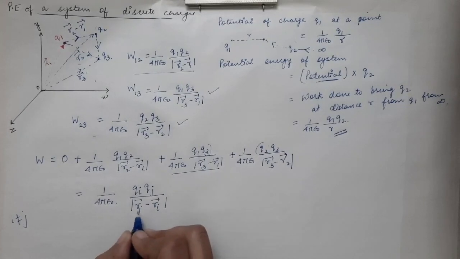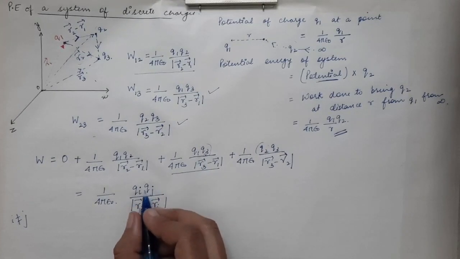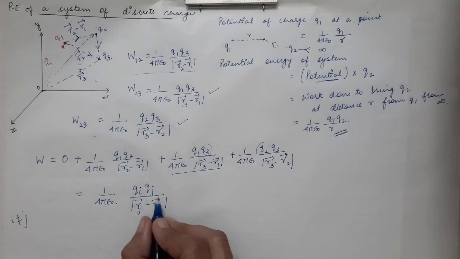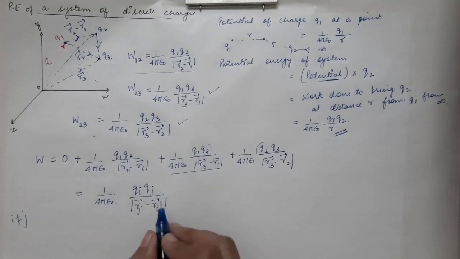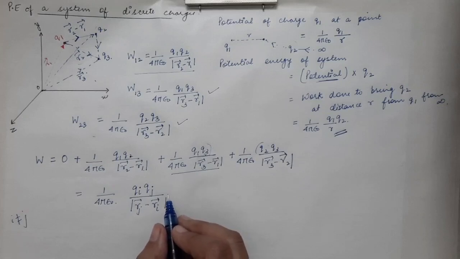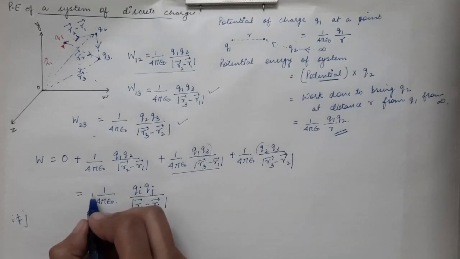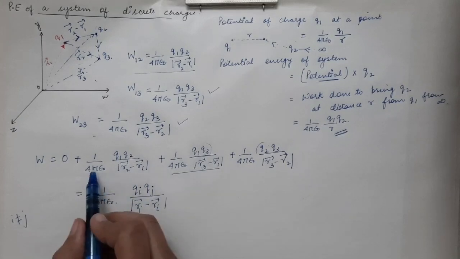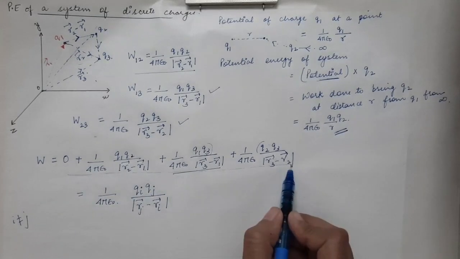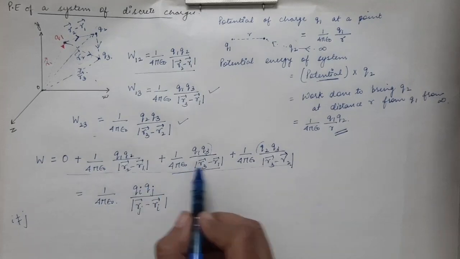First of all you will write the position vector of the second charge, and then the position vector of the first charge. This is a general way to write the expression, but this expression will just give us a single term, whereas in this last equation we have three terms.